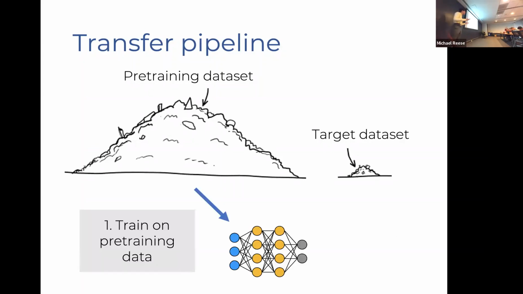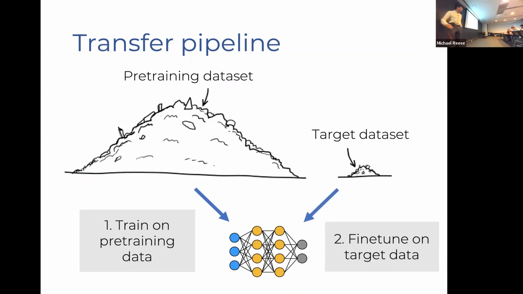And so the first step in transfer learning is usually just to train your model on this pre-training data. Okay. And then the second step is to fine-tune that pre-trained model onto the target data set. So it's a very simple procedure. It's just step one, train on the big data set. And then step two, fine-tune on the task that you actually care about. Okay.